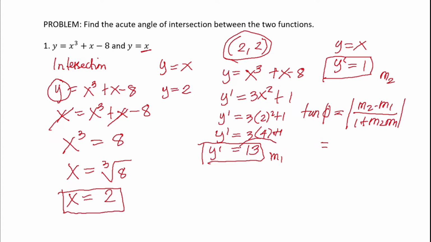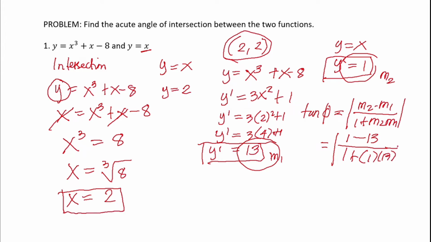So we can have this part as our first and this is the second. Since it is absolute, this could be interchanged. So we can have this one as 1 minus 13 over 1 plus m2 is 1 times 13.